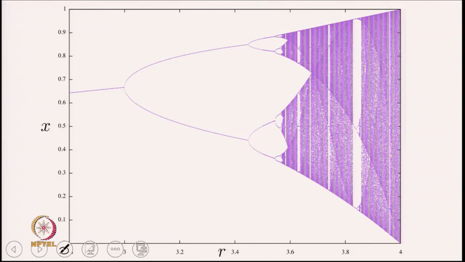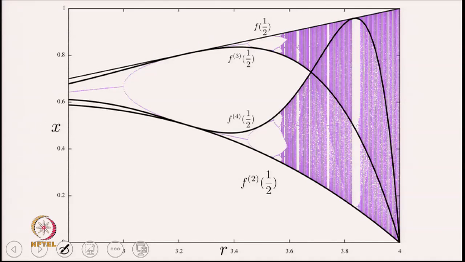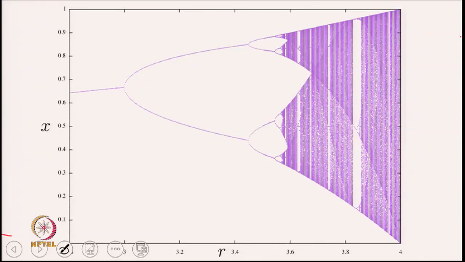So, coming back to the bifurcation diagram, this is at much lower resolution than the earlier one that I have shown, but you can still see that there are these very strong and prominent curves, and I would just like to demonstrate that these really are the images of the map maximum and its iterates. So, let us look at that. There you can see very nicely that, okay, the upper envelope is just where the map maximum iterates.